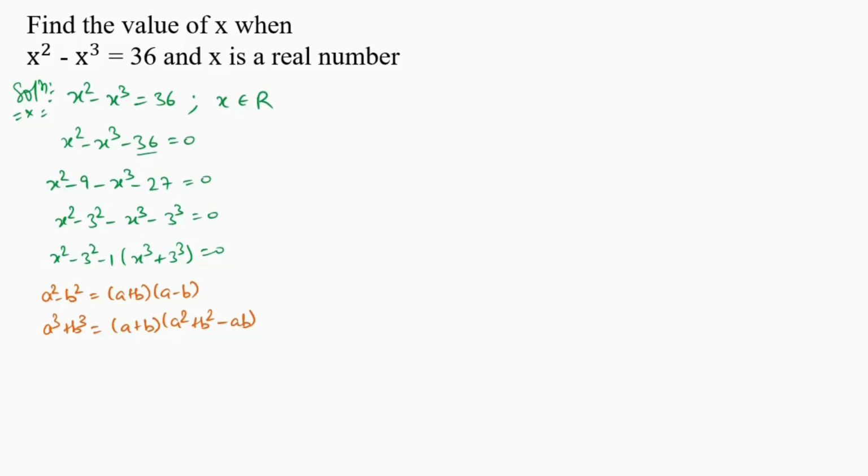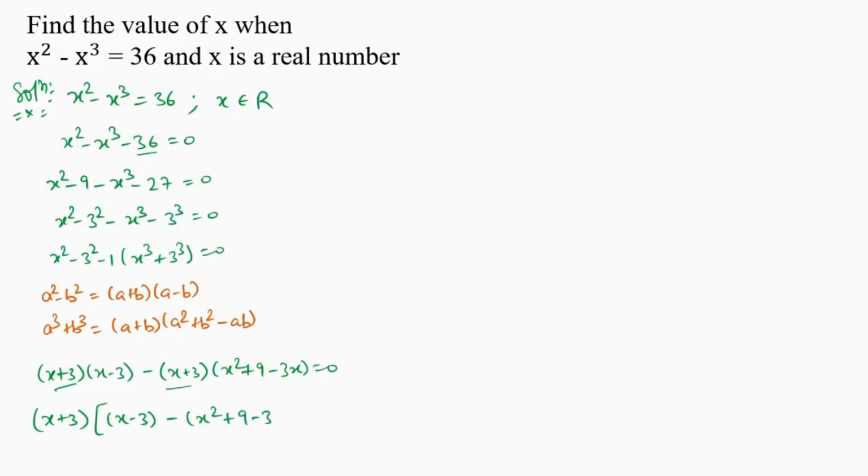So our equation will become x plus 3 times x minus 3, minus x plus 3 times x squared plus 9 minus 3x, equals 0. Now take x plus 3 common. So we get x plus 3 times x minus 3 minus x squared plus 9 minus 3x, equals 0.